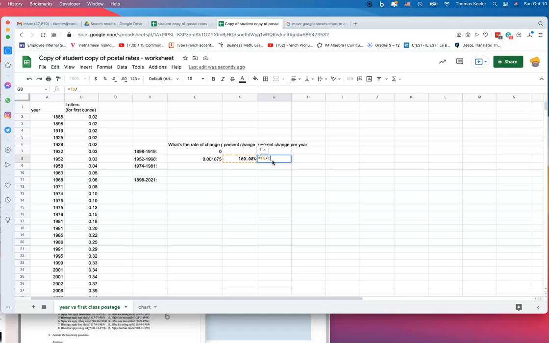The change in years was 1968 minus 1952. 60%. That doesn't seem right, does it? So F8 divided by, I might have to calculate it out again. So I think it should be 100 divided by 16.